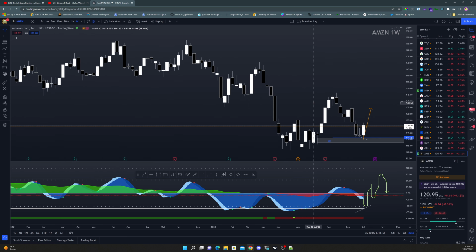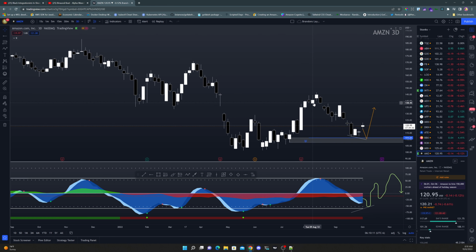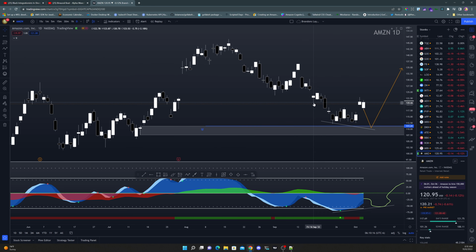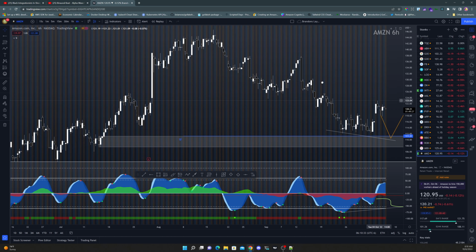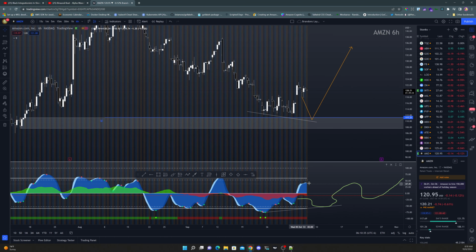To trace pretty far. We go to the 3-day, 1 day. We still haven't retraced back very much into that gap zone. Let's go to the 6 hour. Yeah, I think we could be seeing, as you can see, our blue money wave starting to curl over.